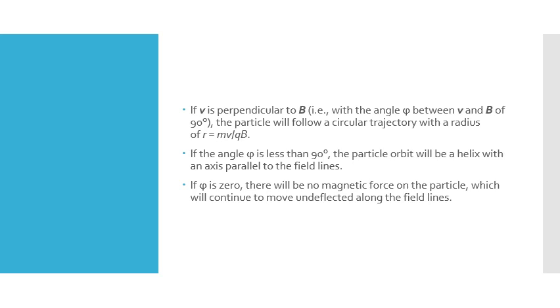The angle is 90, sin 90 is 1. So if v is perpendicular to B, then we have qvB.